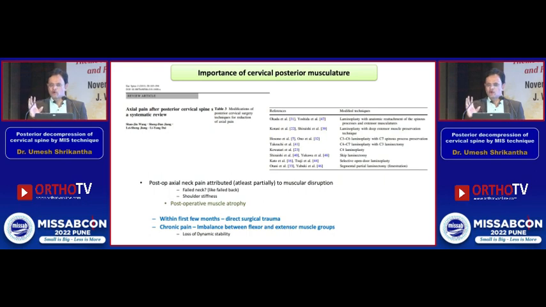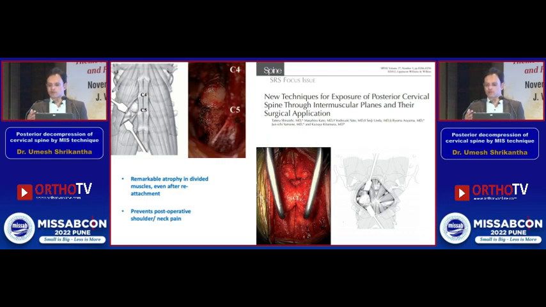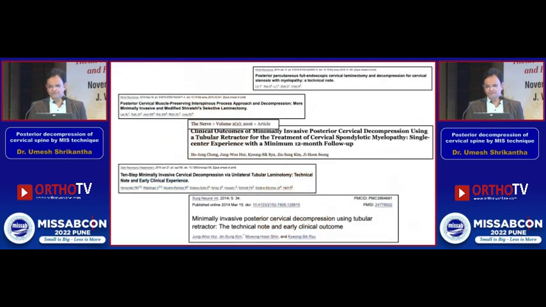The postoperative muscular atrophy or paraspinal muscle injury has always been blamed for the postoperative axial neck pain that develops in patients after laminectomy or laminoplasty, and several Japanese papers have come out which have shown intramuscular routes to have resulted in a lesser incidence of postoperative axial neck pain.